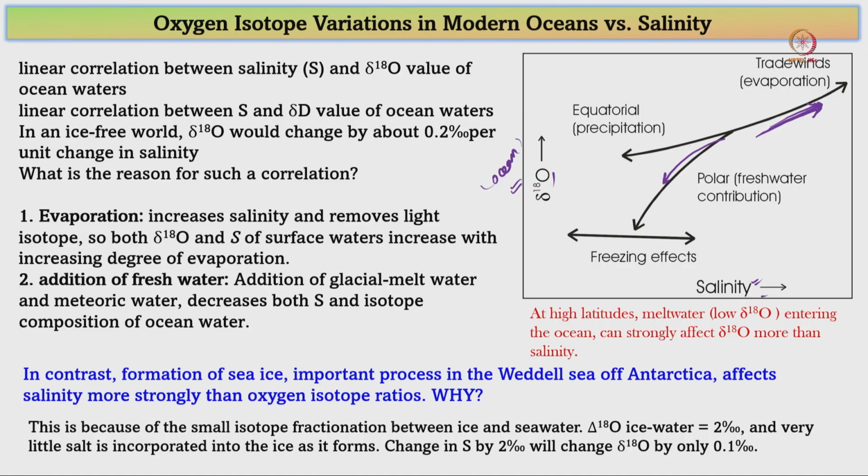What happens if it freezes? There can be another impact, that it is freezing. What do we mean by freezing? That means from the water, ice is getting formed. Now, it is not on the continent, it is in the sea. That means, this is sea ice.